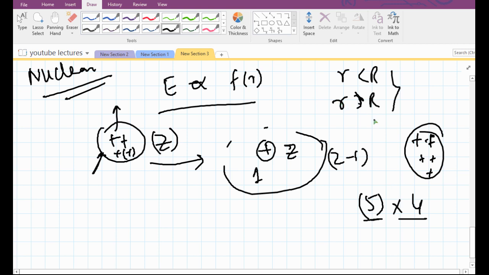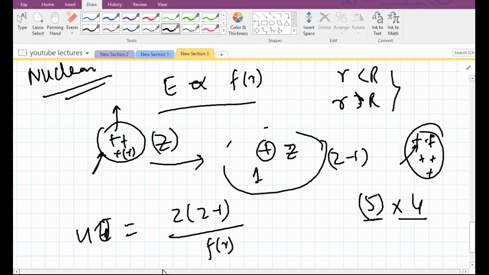If you pick 1 proton, the rest is the total minus this one, so that's why the electric potential energy is proportional to Z(Z minus 1). Then what happens as a function of r, what will come? We will see what happens with the potential energy for the nucleus. So thank you so much.